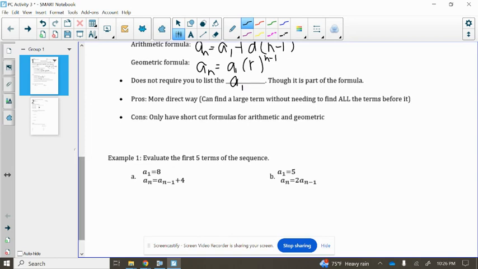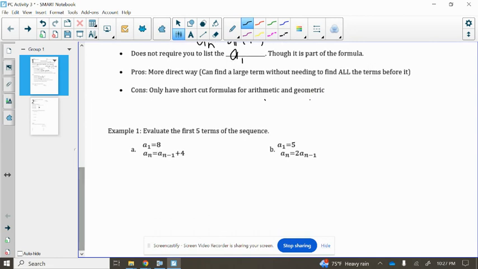So some pros to this is that we can find a large term without needing to find all the terms before it. However, some cons, we only have shortcuts for arithmetic and geometric. We are kind of limited to only talk about those with an explicit formula with the actual rule. Otherwise, it takes a little bit more work to come up with that. So it limits us.